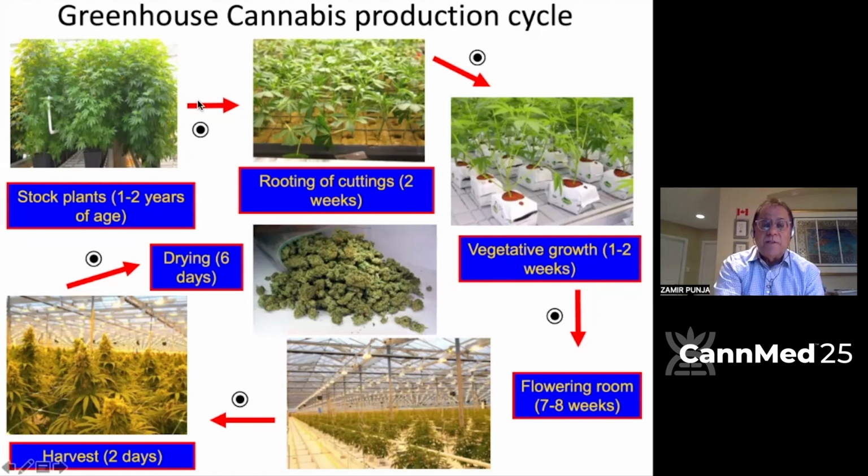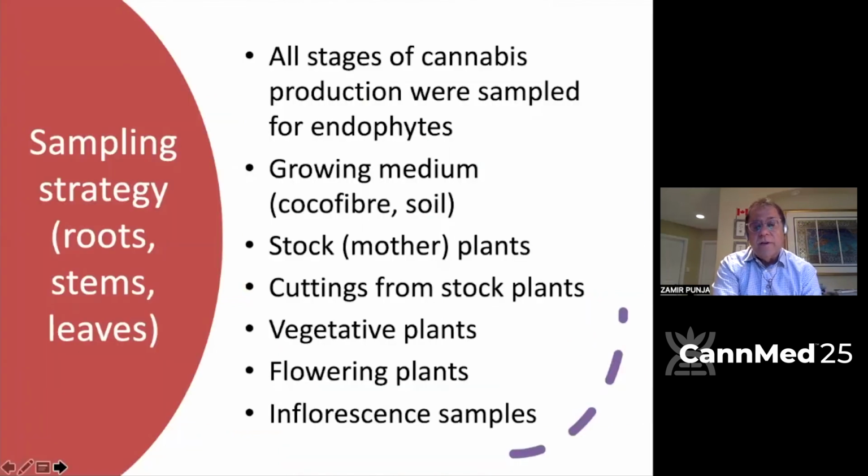Basically, what this entire production cycle is showing you is that we went through all the steps of collecting plant material so we could analyze them for the various microbes or endophytes that are potentially present in those tissues. So here's a summary. From all of these various plant tissues, we obtained roots, stems, and leaves. We kept them separate.